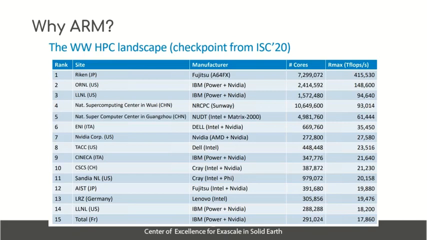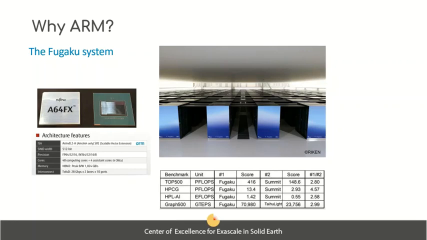Fugaku is equipped with an A64FX ARM-based processor. And this system is not only the first one on the Top500 benchmark, but also the first one on HPCG, HPL-AI, and Graph500 benchmarks.